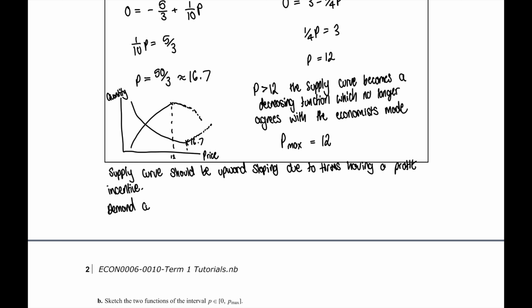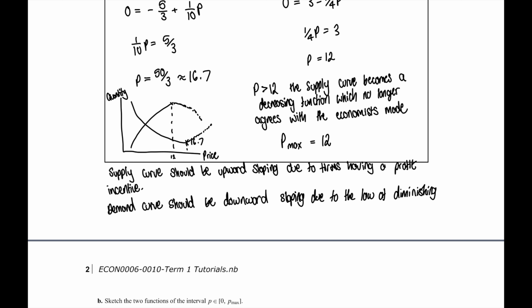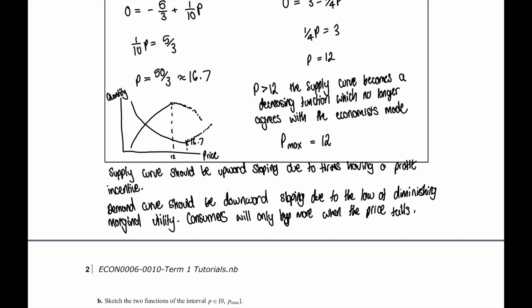The demand curve should be downward sloping due to the law of diminishing marginal utility. Consumers will only buy more when the price falls, hence why the demand curve has that downward slope.